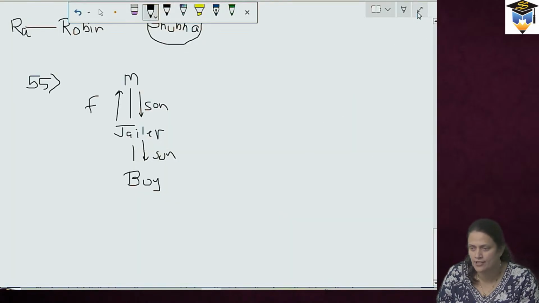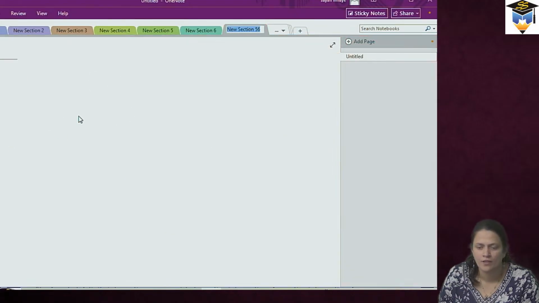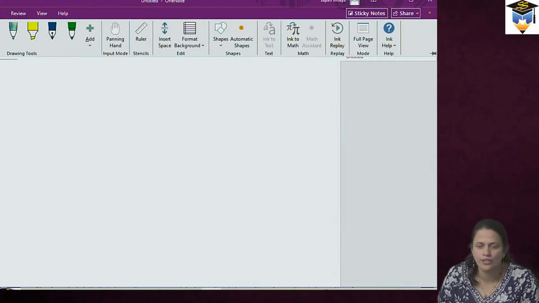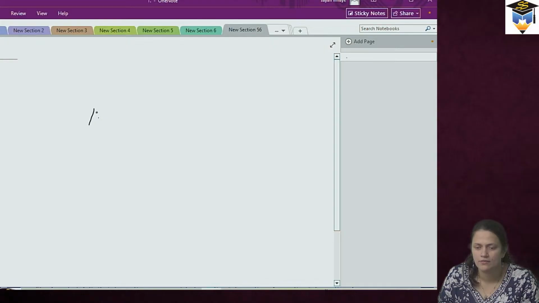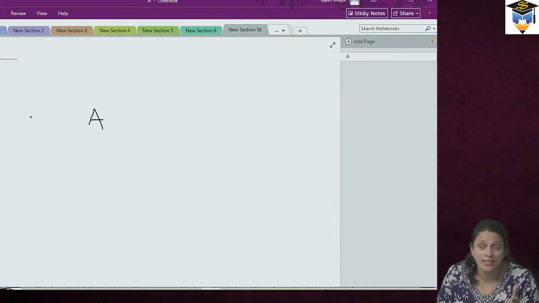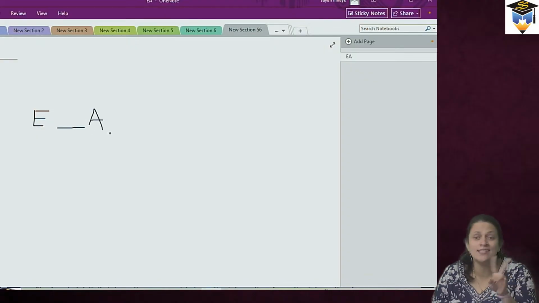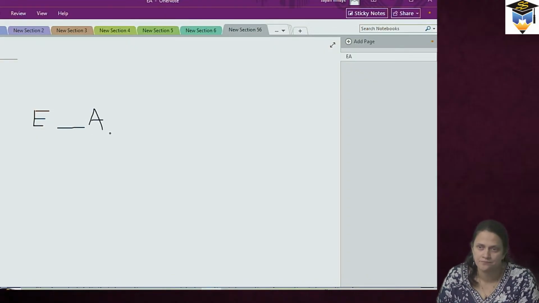A will be sitting first. So basically A will sit over here. And A is sitting to the right of E, that is given. So first start with E. There's one person in between, and then there is A who is sitting second to the right of E.